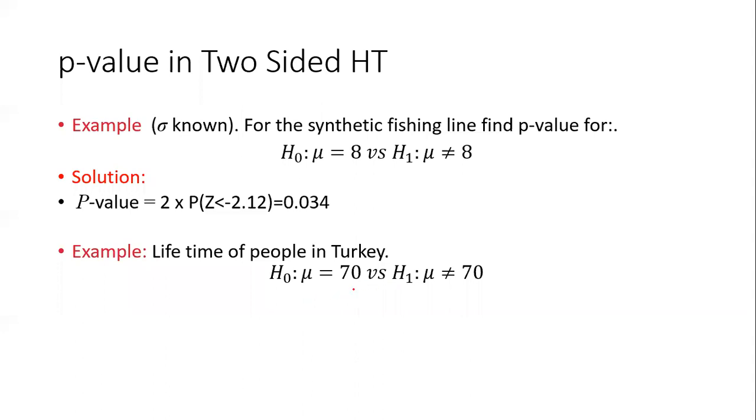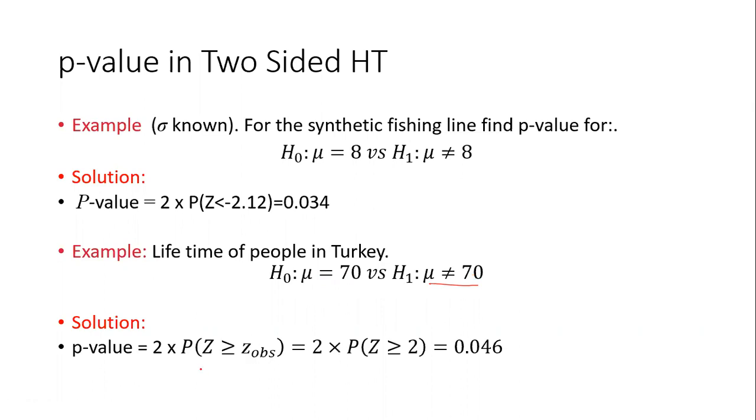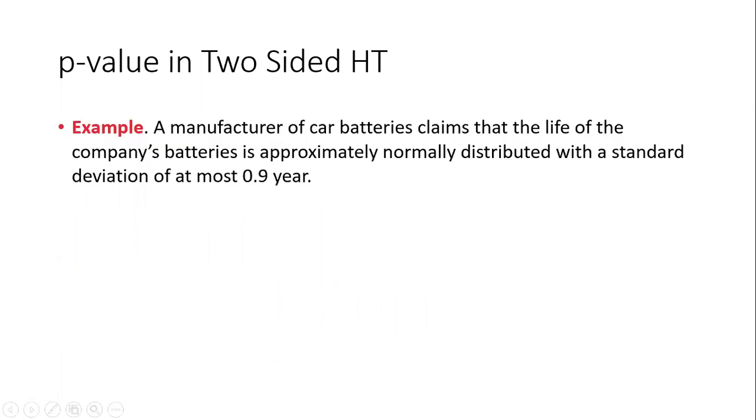Let's test the hypothesis mu is equal to 70 versus mu is not equal to 70. Then the p-value is 2 times the probability that z is greater than the observed value, which is 2 times the probability z is greater than 2, equal to 0.046.